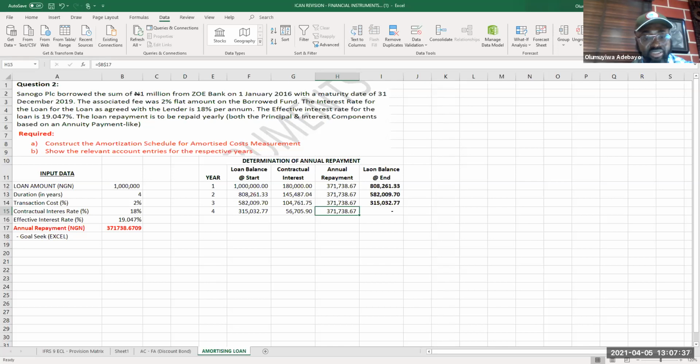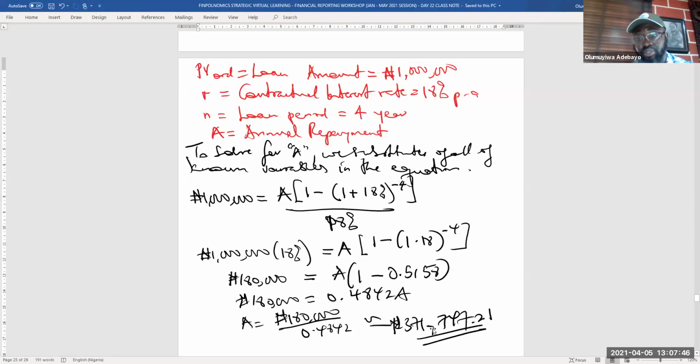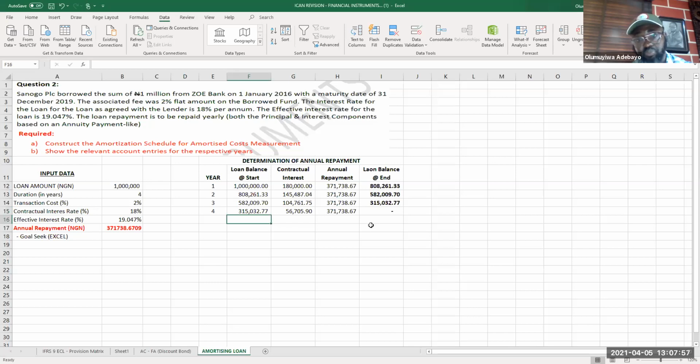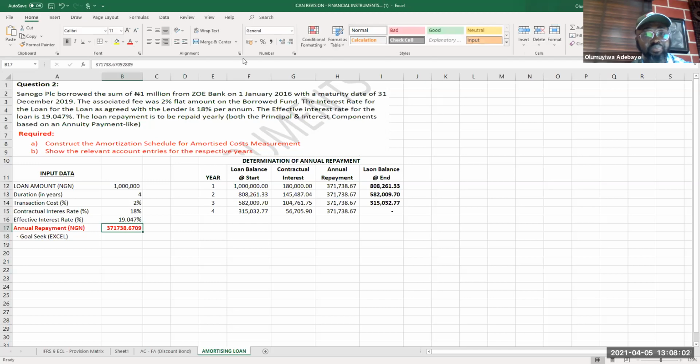My approximated result when I used my hand to solve it gave me a similar amount, 371,747.21, which means technically we are saying the same thing. Only that Excel will give you the exact amount. This exact amount that I'll put here is the goal seek amount.